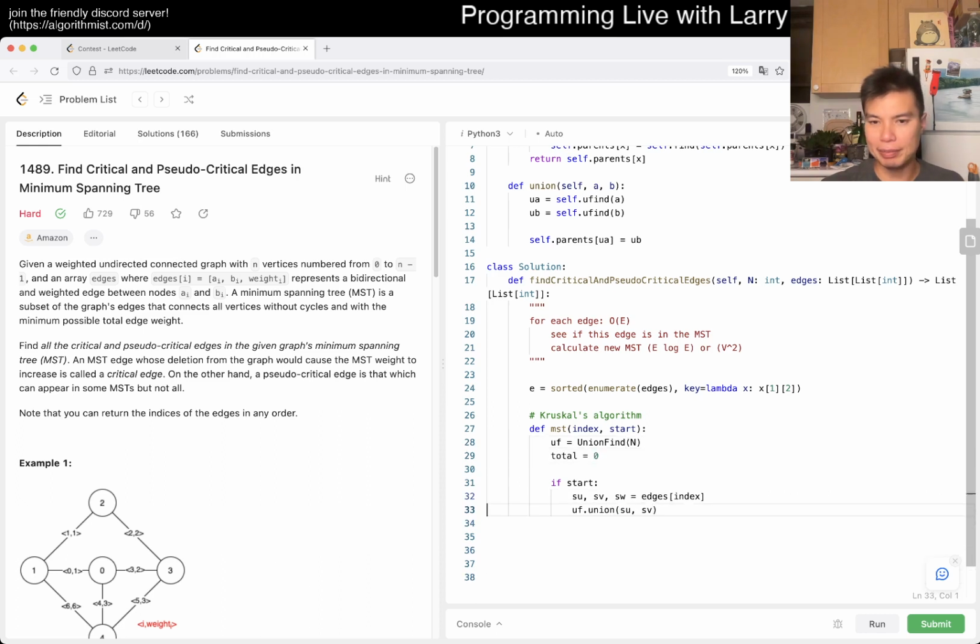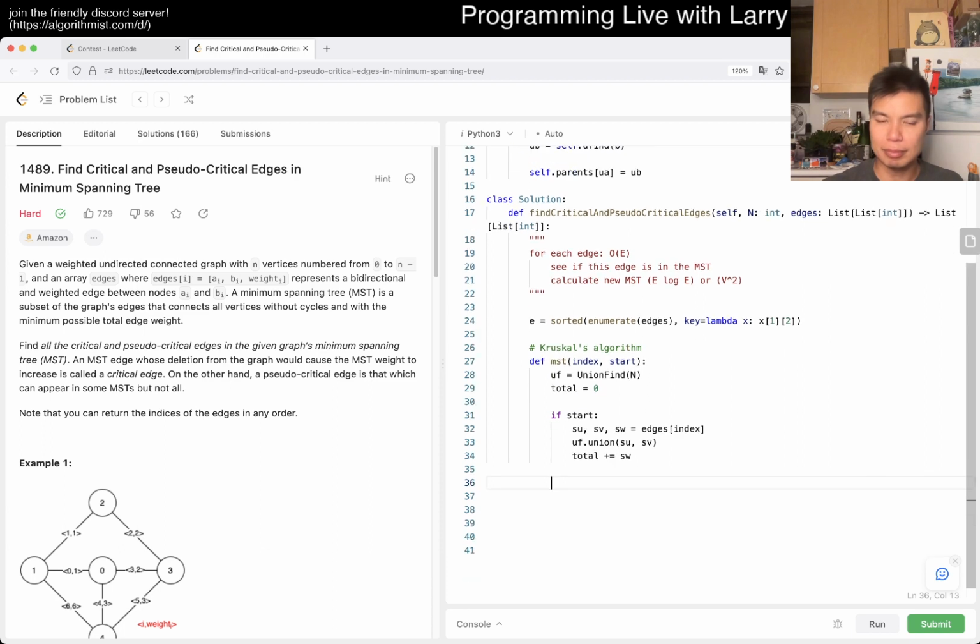That's the total weight. We assume that they're not connected because this is the first edge, right? Otherwise, we always skip index because either we use it at the start or we don't use it at all.